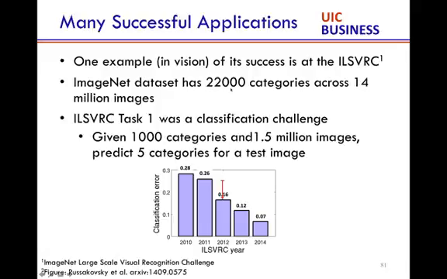The original data has 22,000 categories across 14 million images, but this classification task is one order of magnitude smaller. It has 1,000 categories and 1.5 million images, and once you get the score vector, you can take the top 5 score coordinates, and hopefully one of them is the right one. Okay, and you can see the error has been decreasing quite a bit over the past few years, and the jump from 2011 to 2012 was, in absolute numbers, a 10% improvement, attributed to deep architecture.